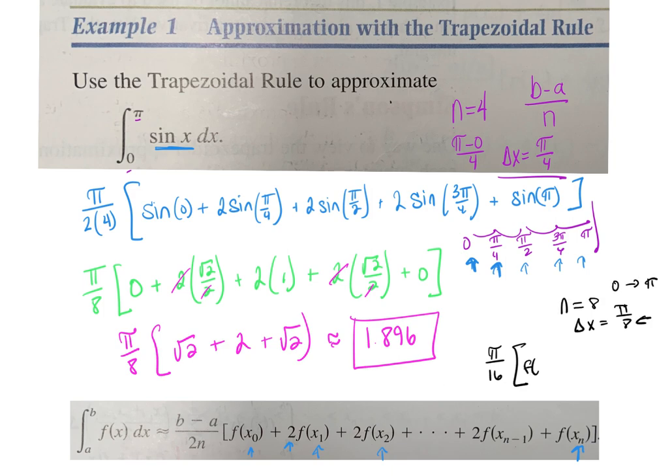My first one would be 0, my second one would be pi over 8, my third one would be 2 pi over 8, or pi over 4, my next one would be 3 pi over 8. Do you see what I'm doing here? I'm just walking by pi over 8s until I get to pi. Depending on how wide those things are depends on how many you're going to have of them, if that makes sense.